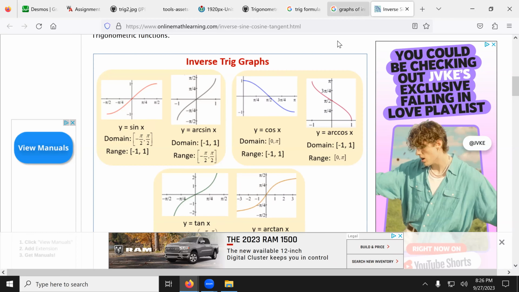They restrict the domain and they cut it off here, because if they don't, the graph will begin to repeat itself and no longer be 1-to-1.